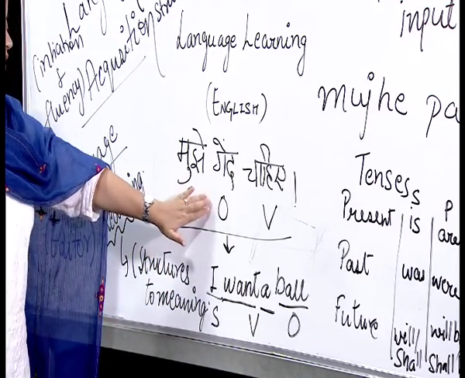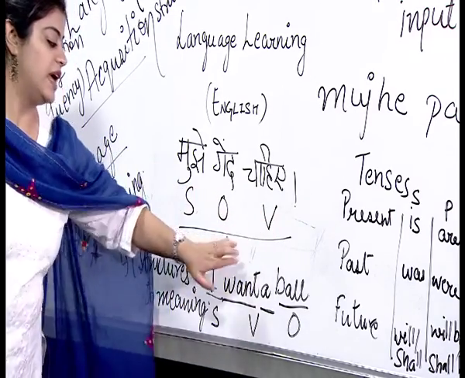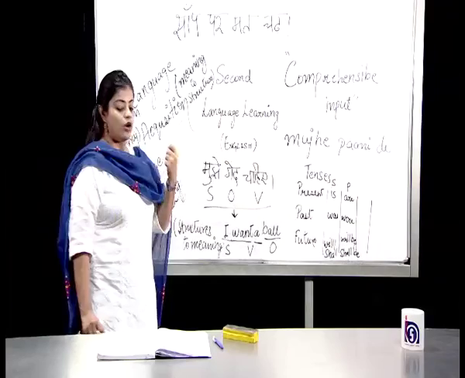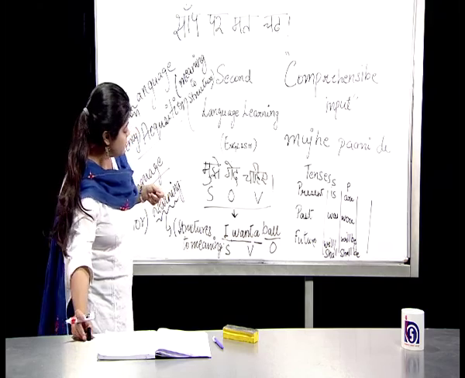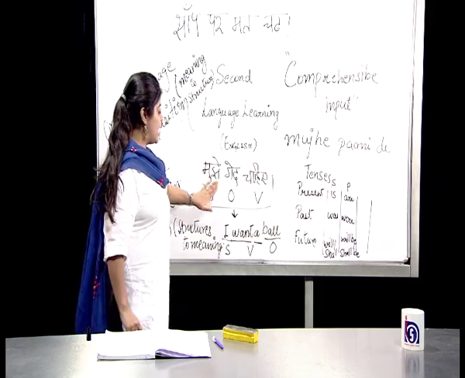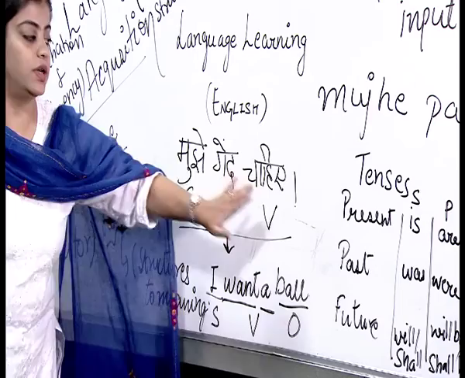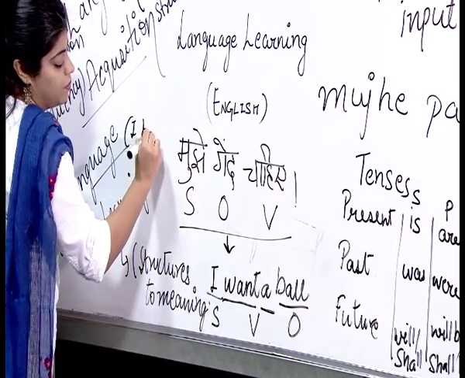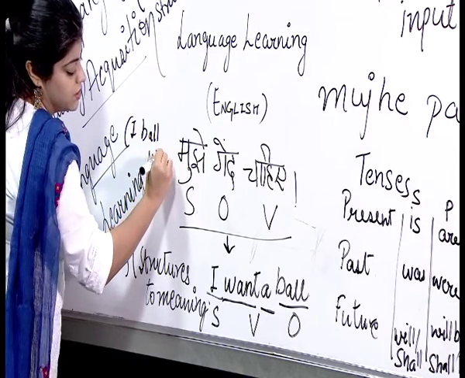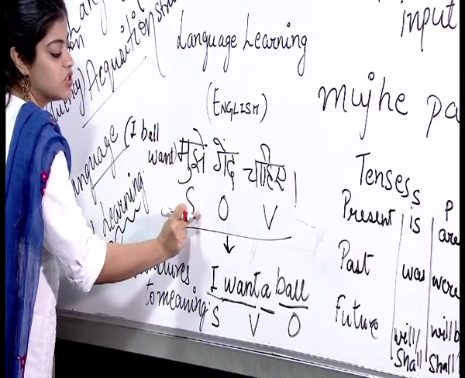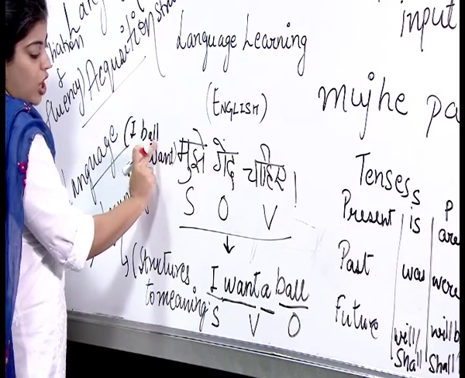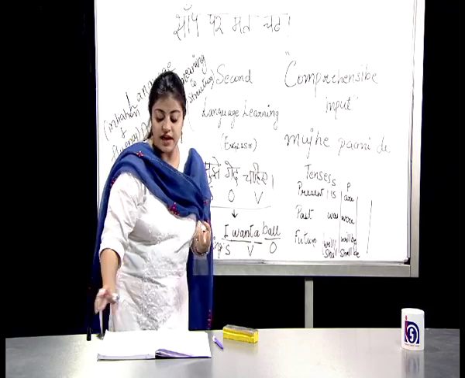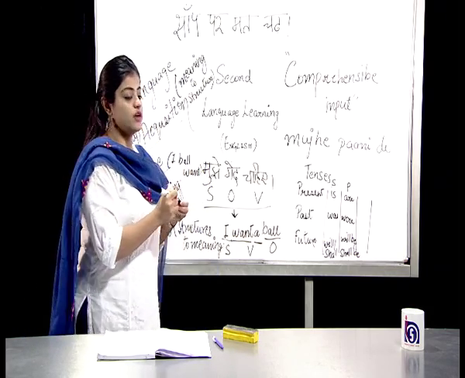The structure of Hindi is subject, object, verb, and in English the structure is subject, verb, object. But we often see the child speak मुझे गेंद चाहिए as "I, ball, want." So they are using the same structure, subject, object and verb. The difference is that it is not a mistake but a natural order of learning.